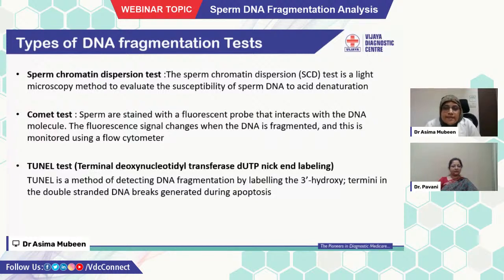This helps the substrate we add to attach to the 3-hydroxy terminal. After this, the substrate can be labeled using a fluorescent probe, and this fluorescent probe can be detected using a fluorescent microscope or otherwise a flow cytometer also.